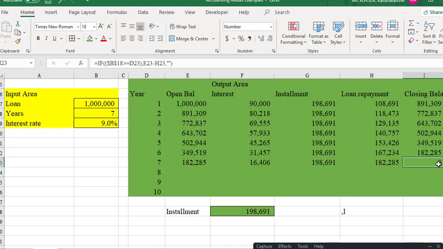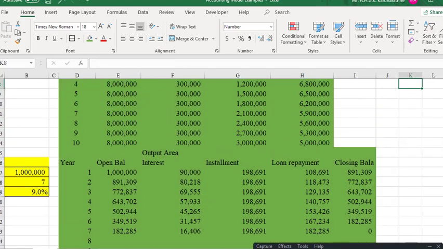I'm sure some of you may already be familiar with Excel shortcuts and tools. If you are, then you can make use of those tools to make your model more attractive and efficient for your decision making.